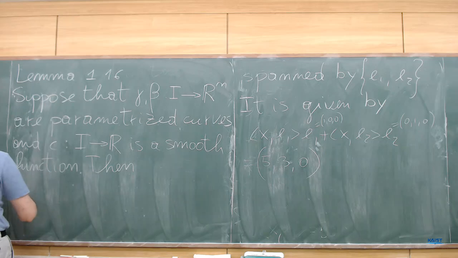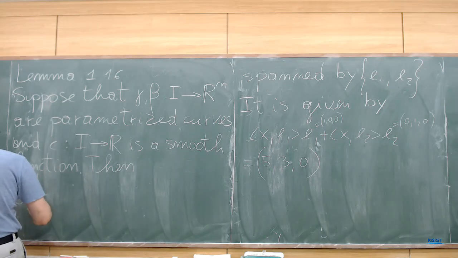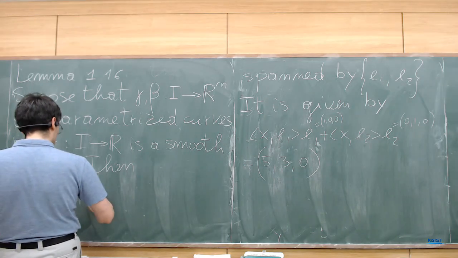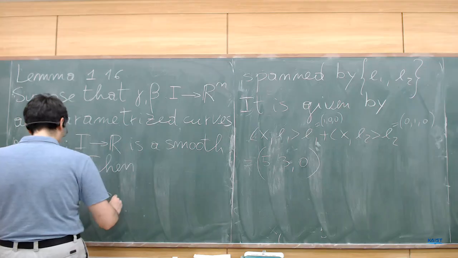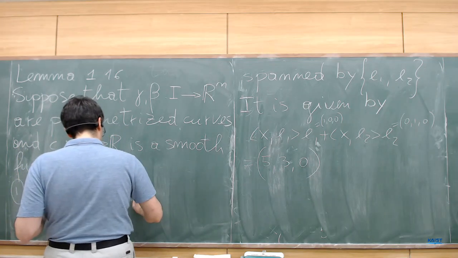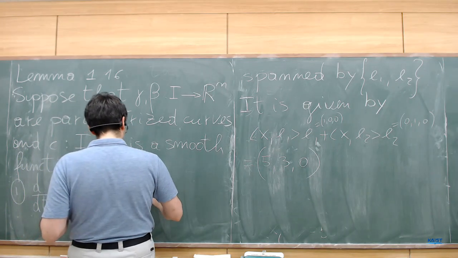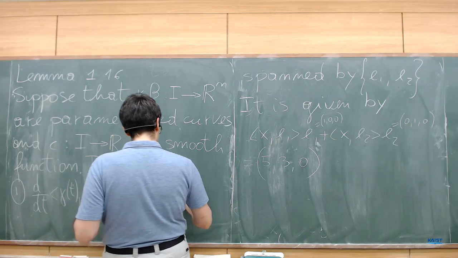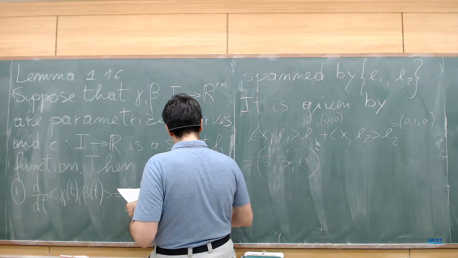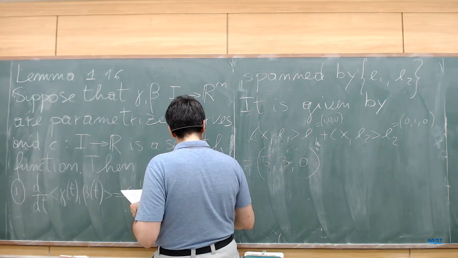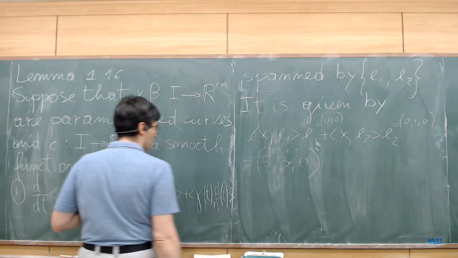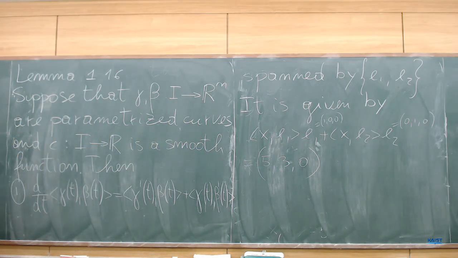One, the derivative with respect to t of the inner product of gamma t with beta t is equal to the inner product of gamma prime with beta plus the inner product of gamma with beta prime. This is the first one.